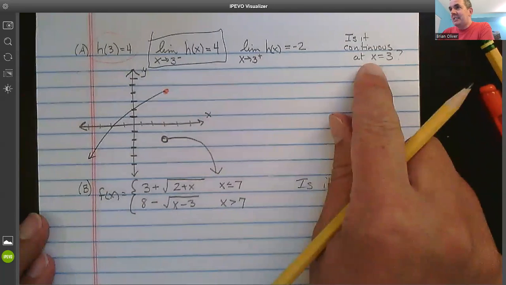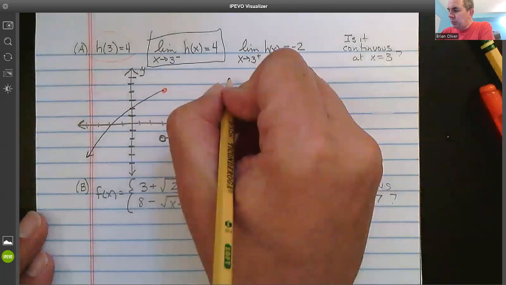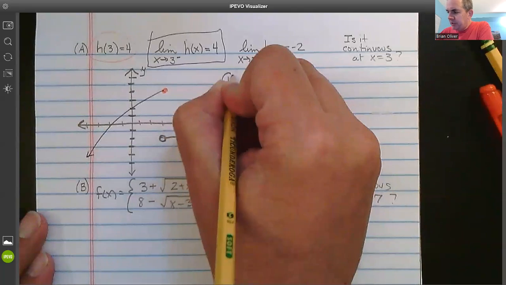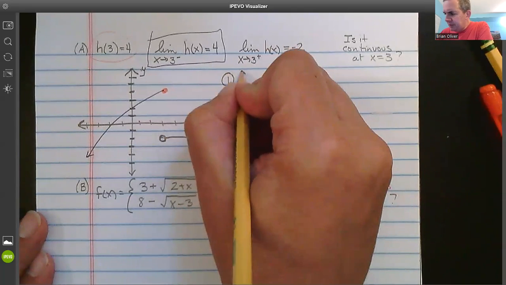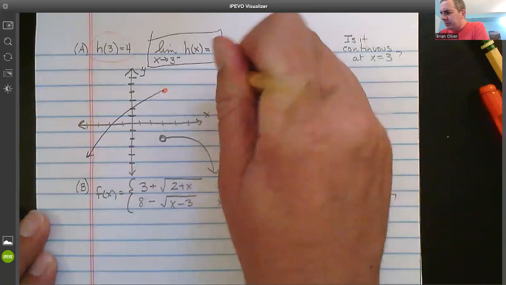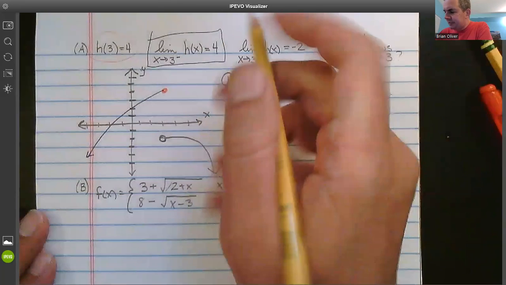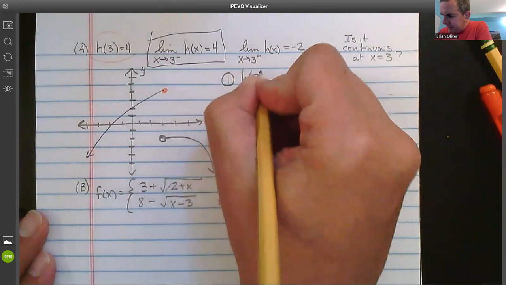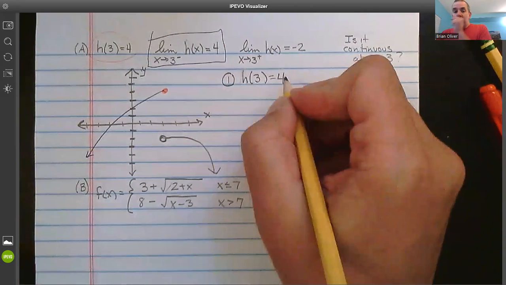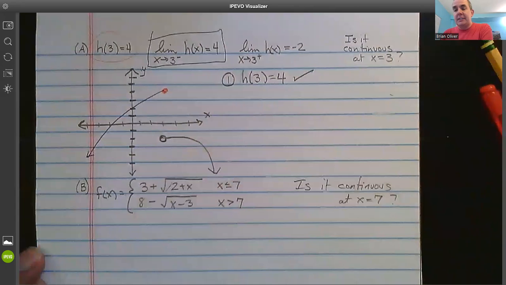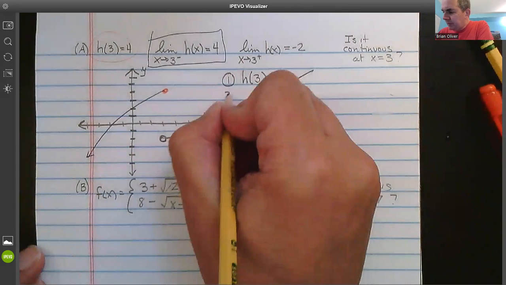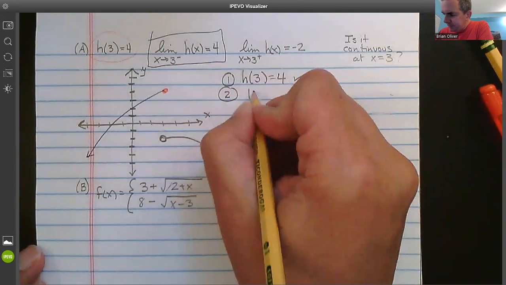So now it's asking, is it continuous? So the rules again for continuity are the following. First, does the function have a value at 3? H of 3 equals 4. It has a value. So what that tells me is that we've met the first stage. The second rule is I need to look at the limit.